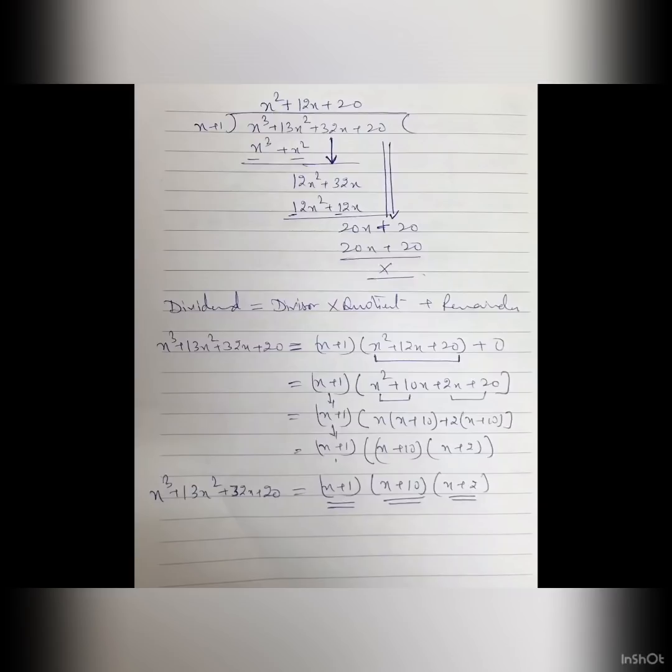When we divide px by x plus 1, the quotient is x square plus 12x plus 20 and the remainder is 0. Now division algorithm is dividend is equals to divisor into quotient plus remainder. So dividend is equals to divisor, which is x plus 1, quotient x square plus 12x plus 20 plus remainder is 0. So on the right hand side we have two factors.